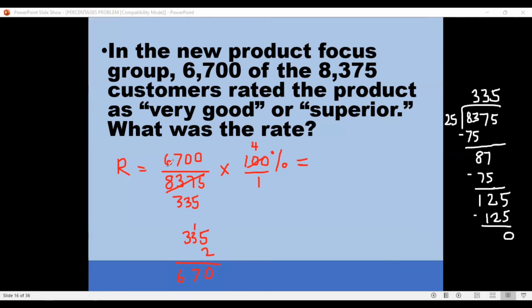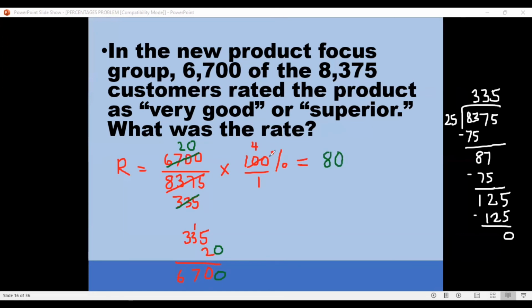So that simply means that we can also cancel now your 6,700 with the 335, making this 20. So there is your 20. So 20 multiplied by 4 here, okay, that will now result to 80.